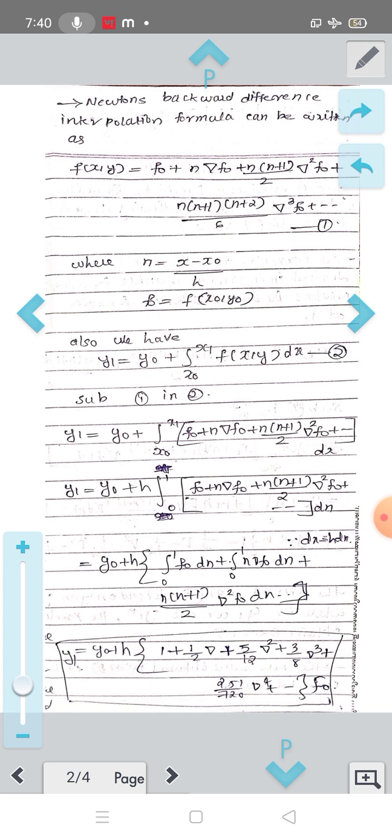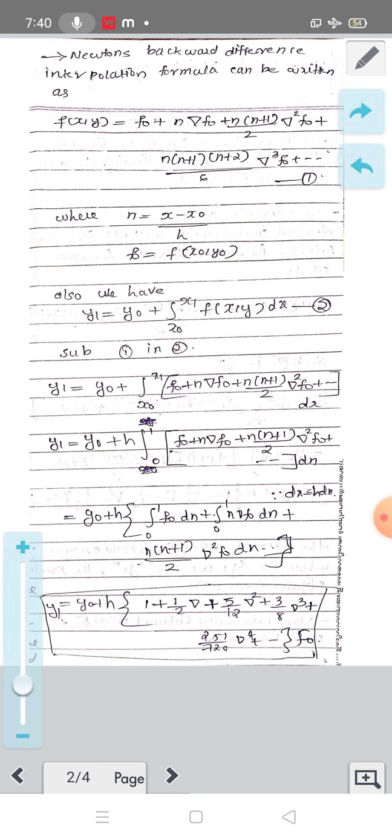Substitute 1 in 2, that is, in the place of f of x, y, substitute this value. So we will get y1 equal to y0 plus integral x0 to x1 of f0 plus n into del f0 plus n into n plus 1 by 2 del square f0 plus etc., dx.